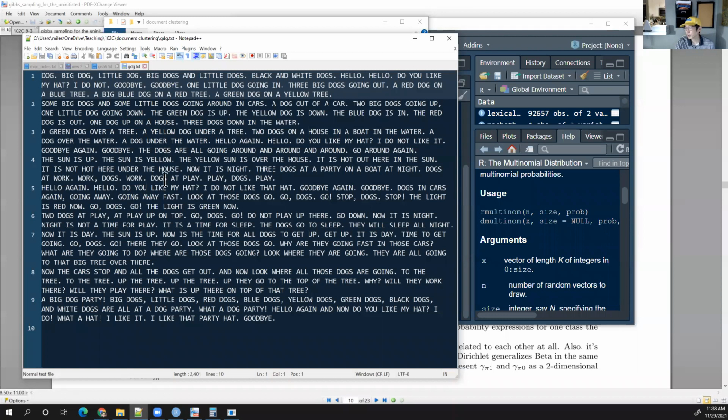Go Dog Go has words like dog, big dog, little dog, big dogs and little dogs, and there's pictures to go along with each of these things.